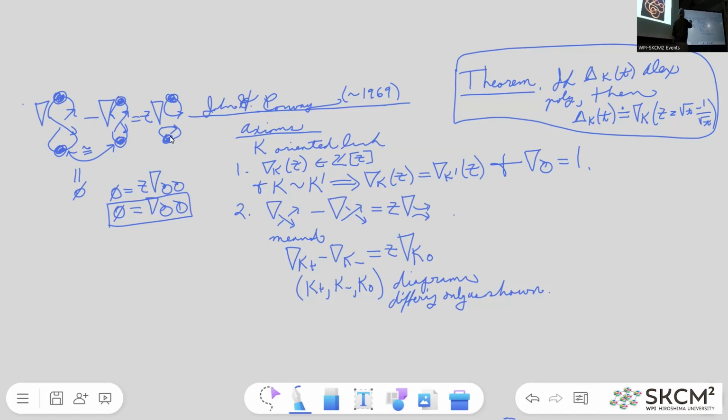This is still ambient isotopic. You just twist it around in space, right? And according to Reidemeister's theorem, that can be done by Reidemeister moves. So this will still be 0. And so we get that nabla of K1 disjoint union K2 is equal to 0. Disjoint union.